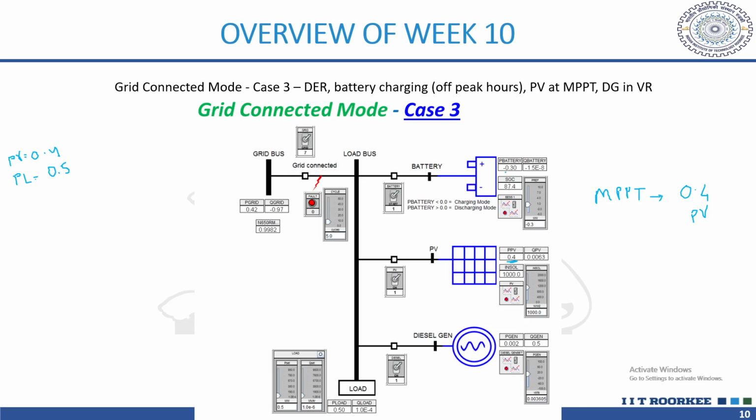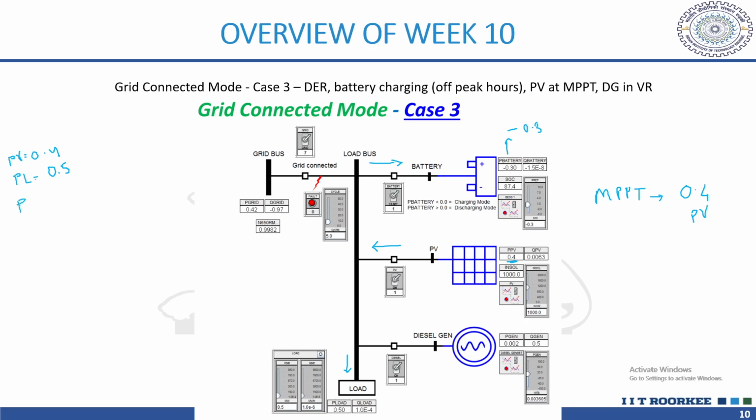So this P battery, you can see, is negative 0.3, meaning it is consuming. So basically here the power flow is like this. PV is injecting, the load will draw the power, and we'll calculate whether the diesel generator has to inject or the grid has to inject basically.